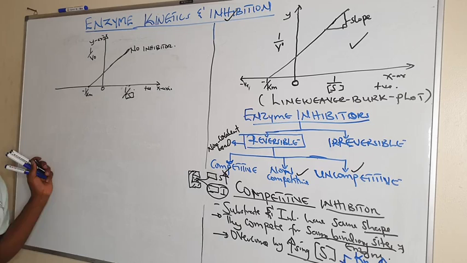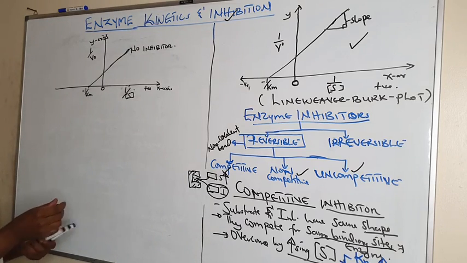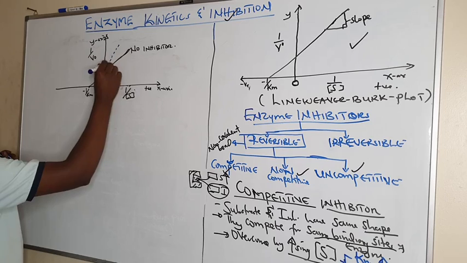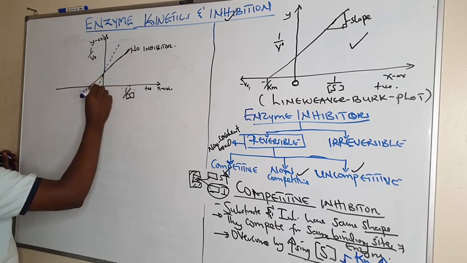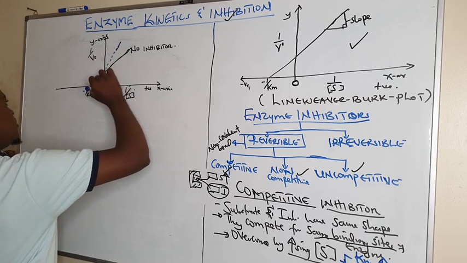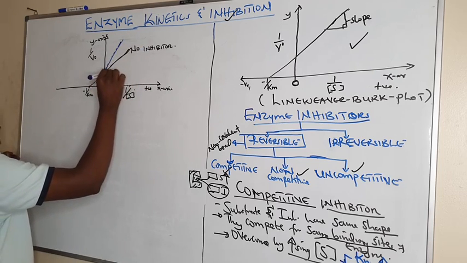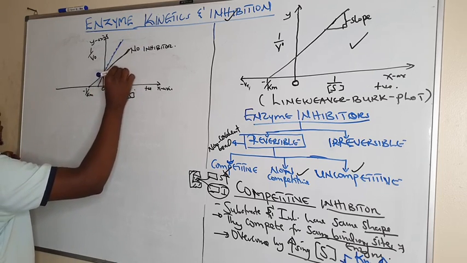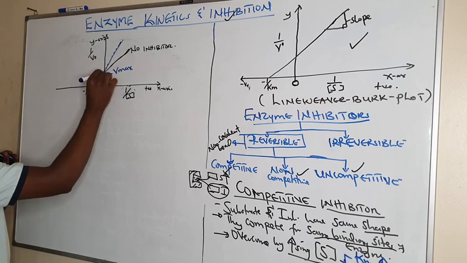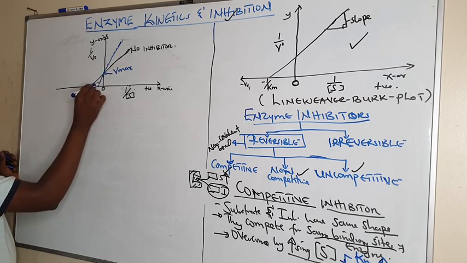So after having this plot, in the presence of the inhibitor, we are going to see the plot shifting and the Km increasing. Here is the Vmax, which remains constant for both. The Vmax remains constant, but the Km increases.